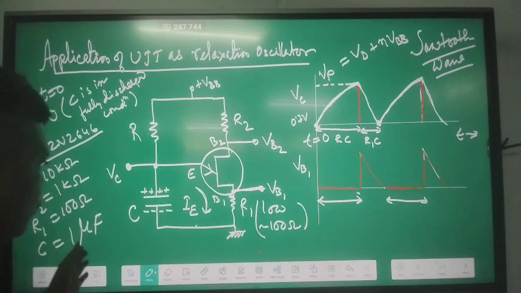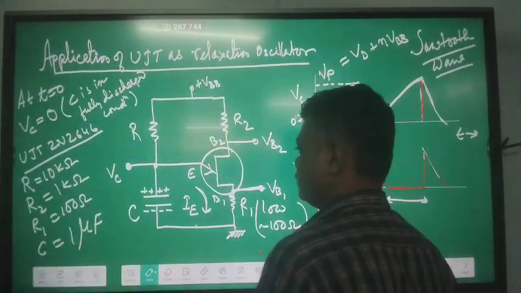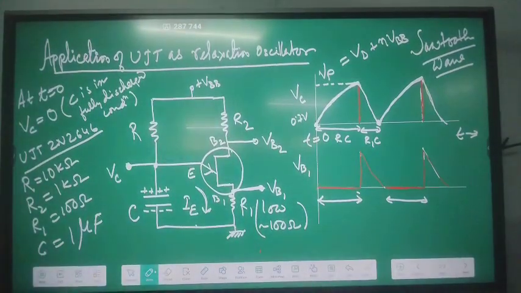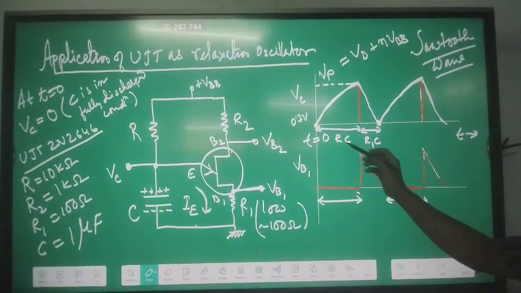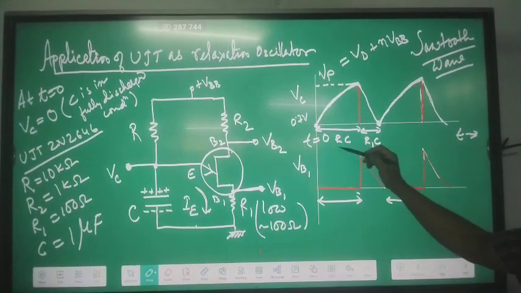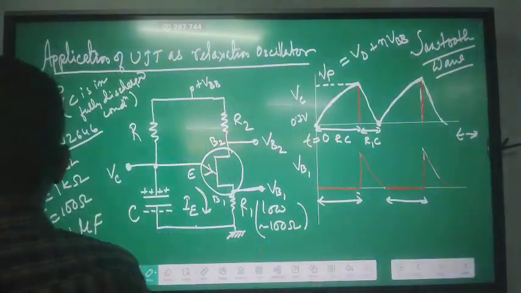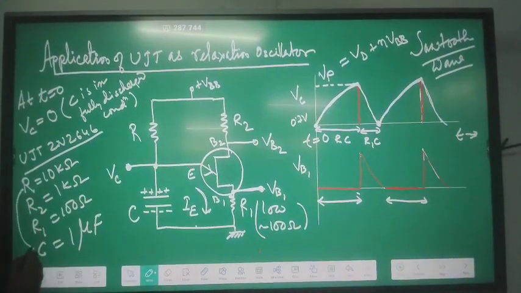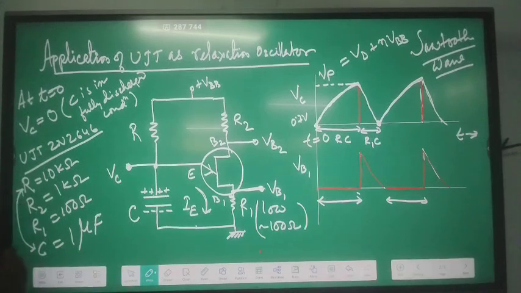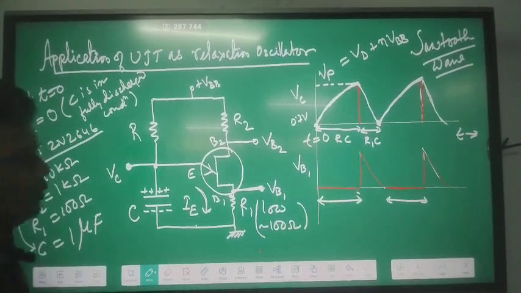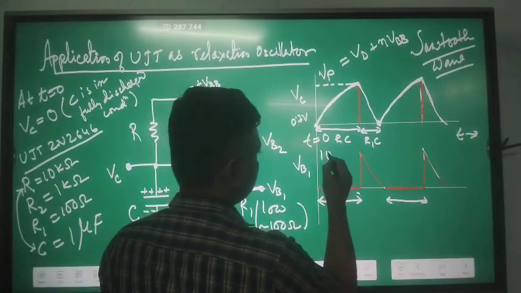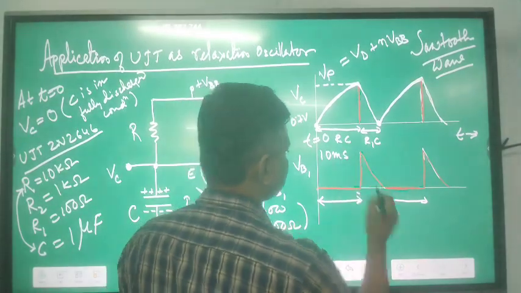So if I take these values, then I can see that the time constant during the charging time, which is RC, will be equal to 10 kilo ohm multiplied with 1 microfarad, which gives me 10 millisecond.